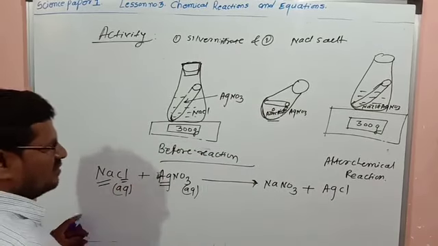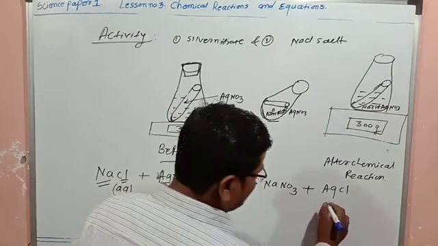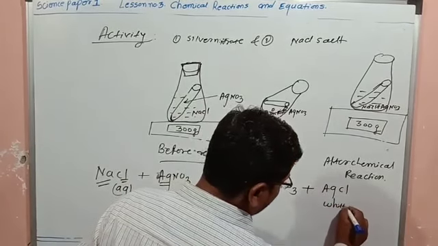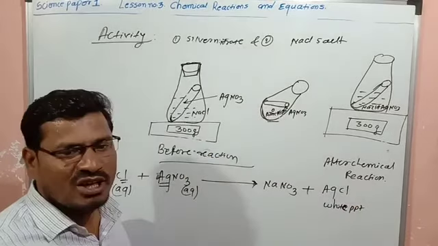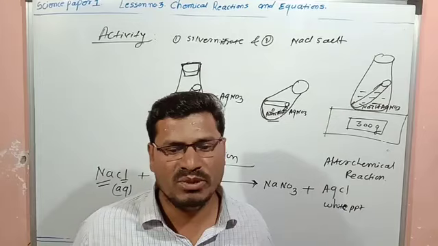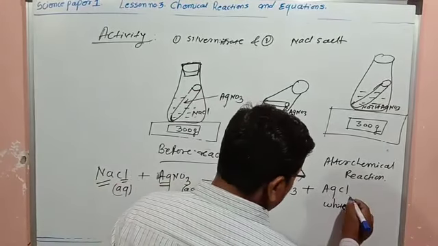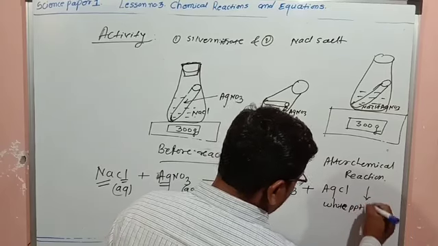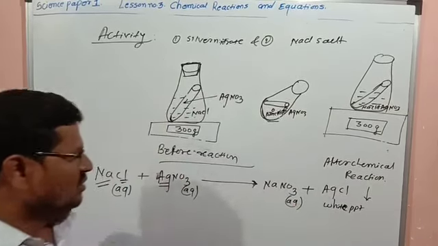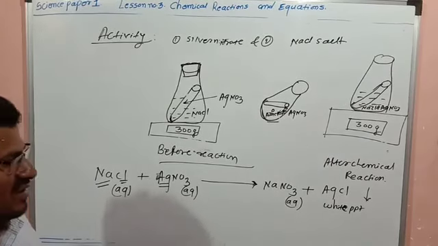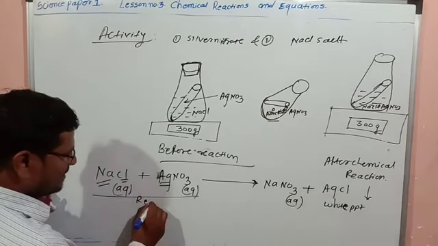Ag and Cl will form silver chloride, and here a white precipitate will be produced. What type of precipitate will be produced? A white precipitate, that is the color of the precipitate. And you can write a downward arrow here. This one is aqueous. So what type of chemical reaction will take place? NaCl and AgNO3 are the reactants.